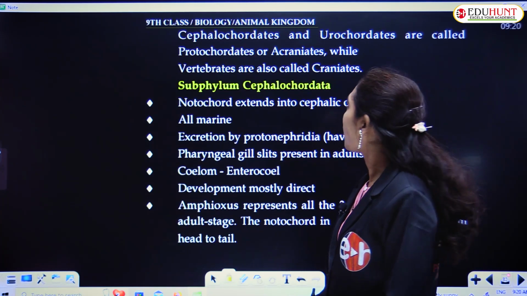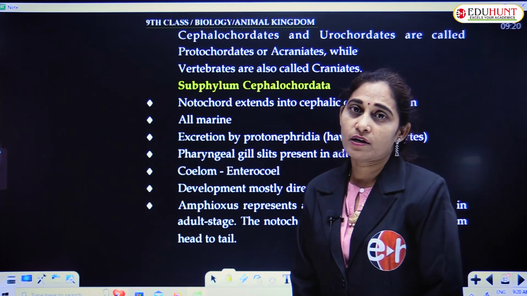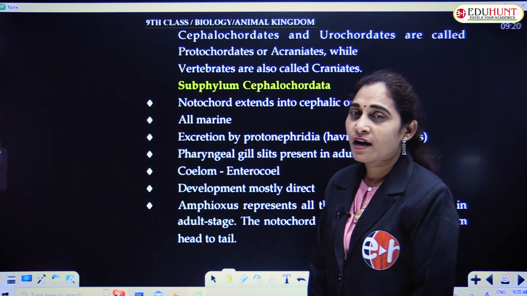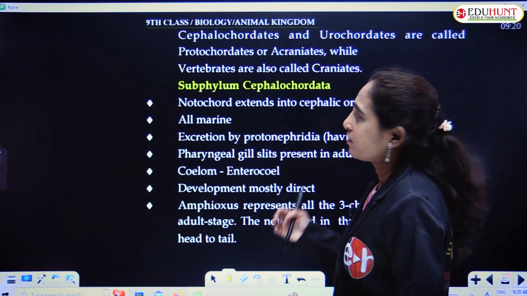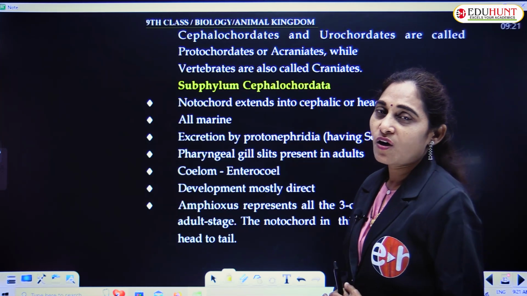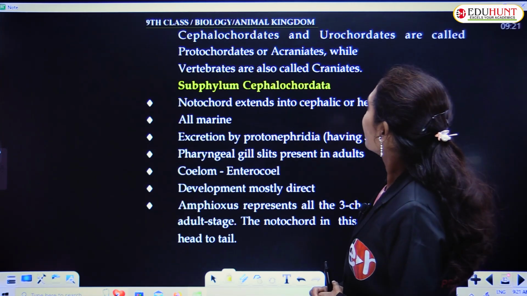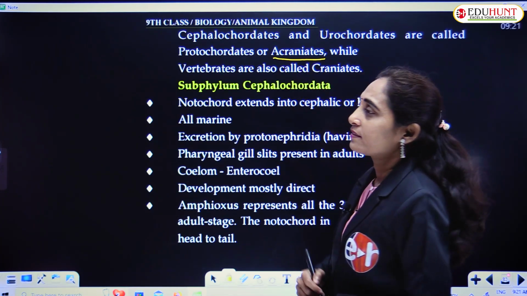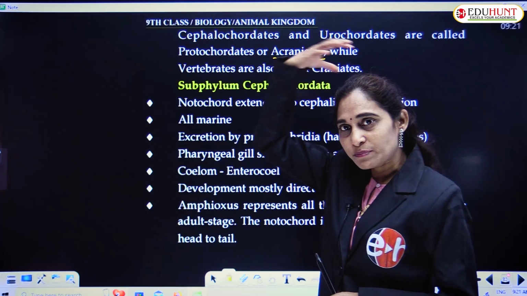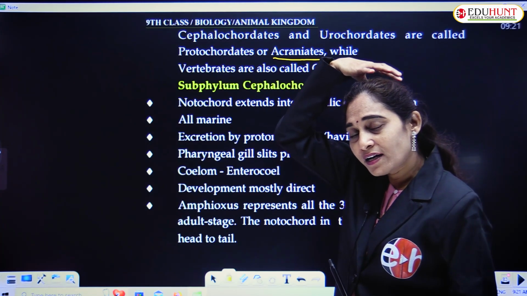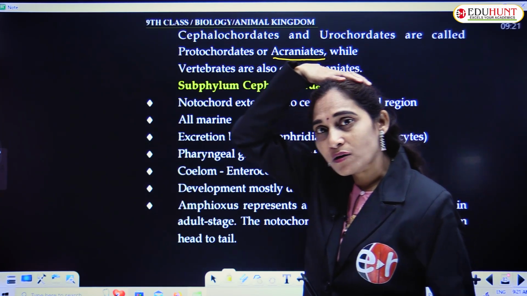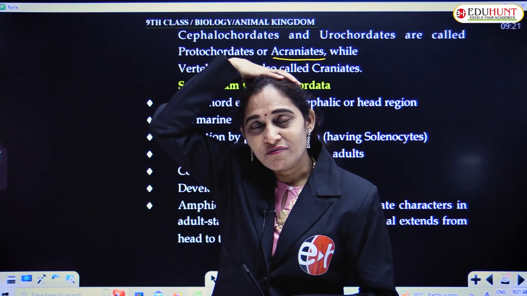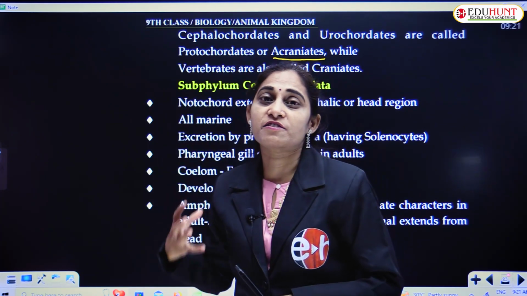Cephalochordates and urochordates are called prochordates or protochordates. These are primitive to vertebrates. They are also considered acraniates. The cranium is the skull box, the calcified structure that protects the brain.